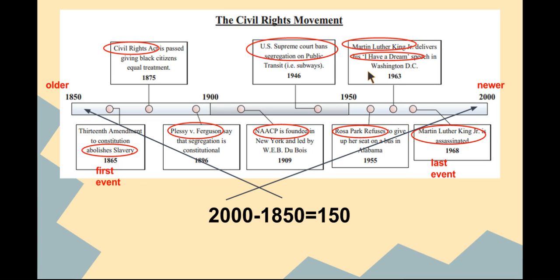How did I figure this out? I took the newer number, the one all the way on the right, and then subtracted the older number, the number all the way on the left. So I did 2000 take away 1850 equals 150. So this timeline shows 150 years.